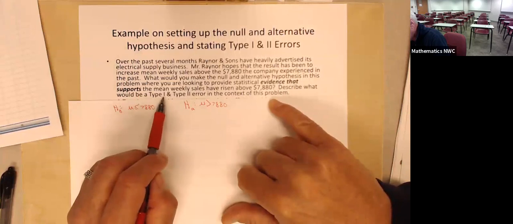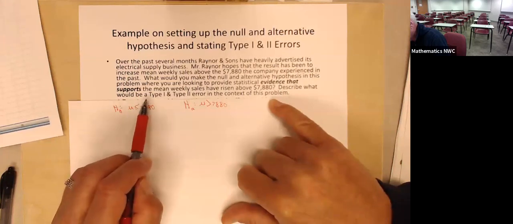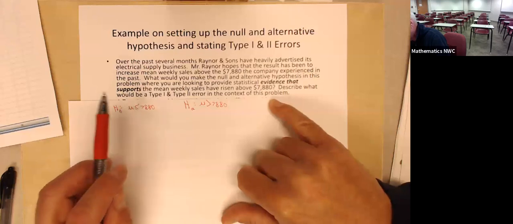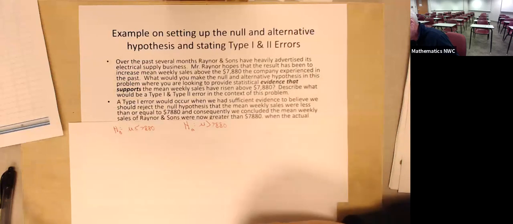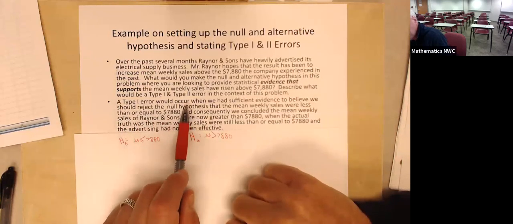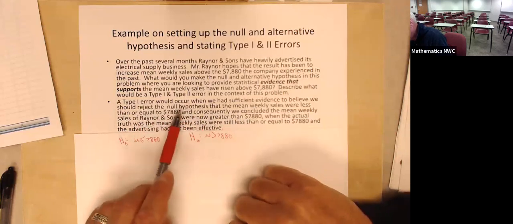Well, a type 1 error was rejecting the null when the null was true. Think about that once, rejecting the null when the null is true. That's type 1. So here's what it would look like. A type 1 error would occur when I have sufficient evidence to reject the null.